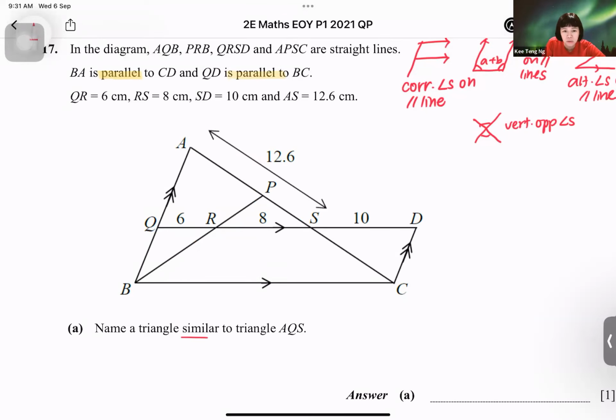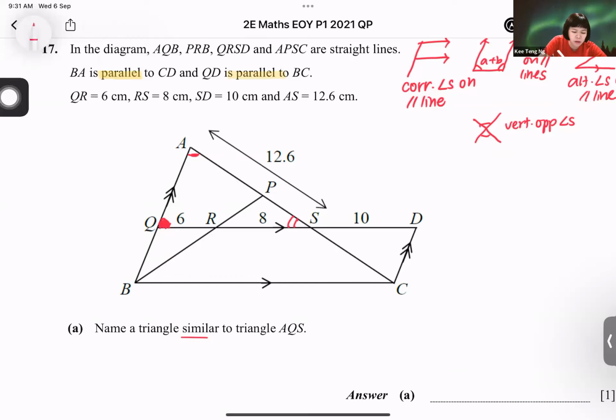So a triangle similar to AQS. So I want to find a triangle similar to angle AQ and angle S. So I'm going to need to find angles that are the same. So any triangle, if they have all three angles the same, or at least two the same, the third one will definitely be the same, then they will be similar.